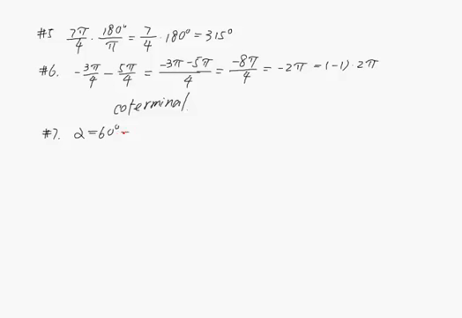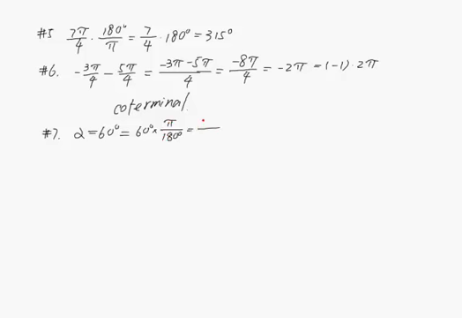And to find the length of the intercepted arc, we need to convert the degree measure to radian measure. So this is equal to 60 degrees times pi over 180 degrees.